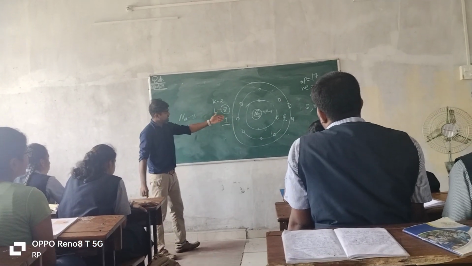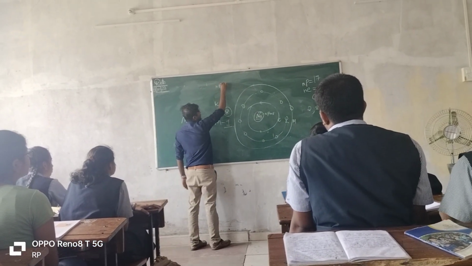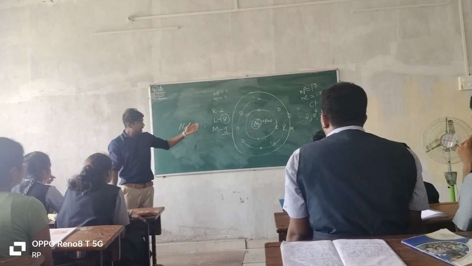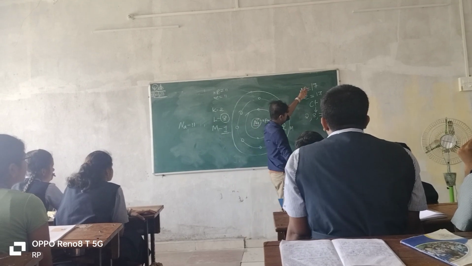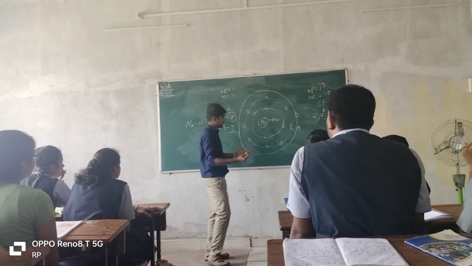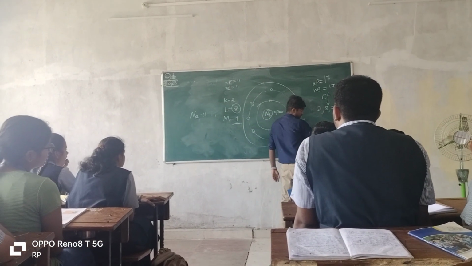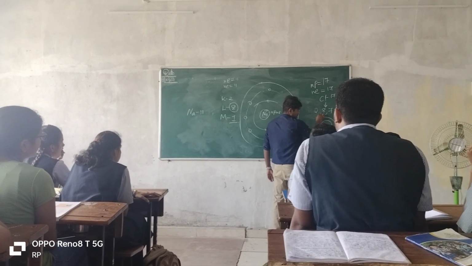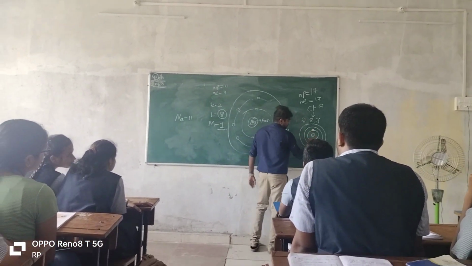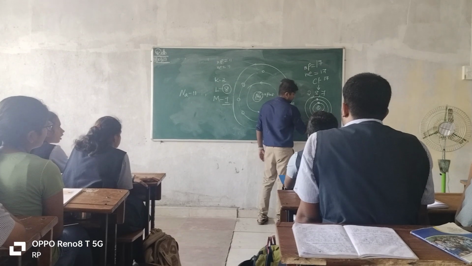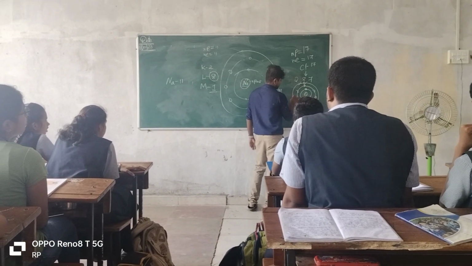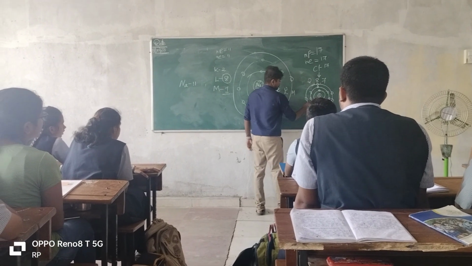But you consider the sodium: number of protons is equal to 11, number of electrons is equal to 11. Okay, fine. So we have 17 protons and 17 electrons for the chlorine. If you are drawing the shell-wise configuration for chlorine, we have first shell 2, second shell 8, and the final one 7.